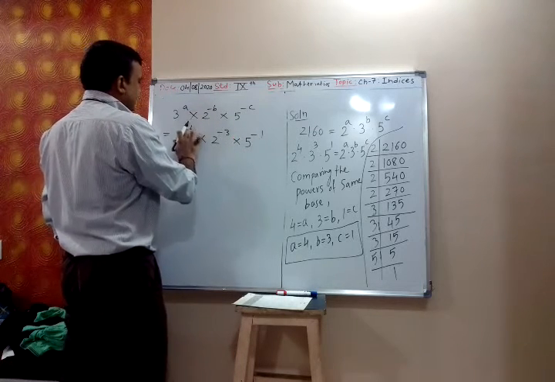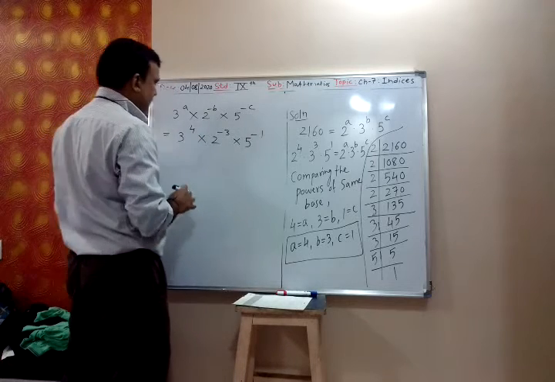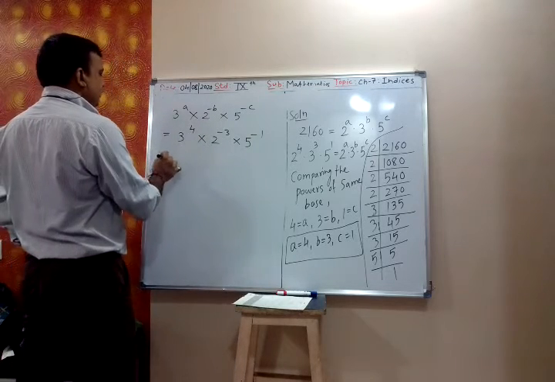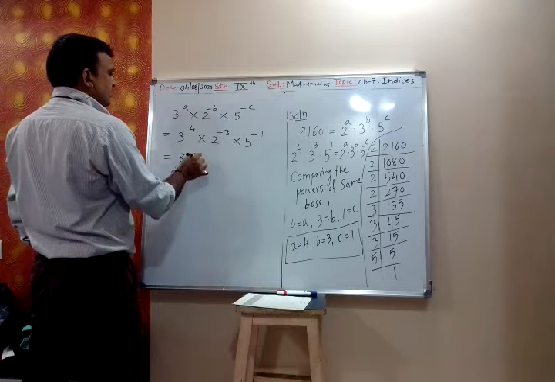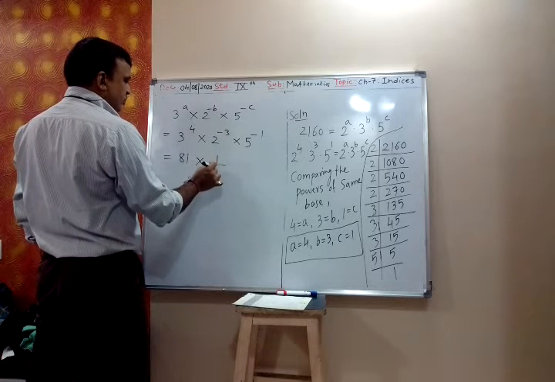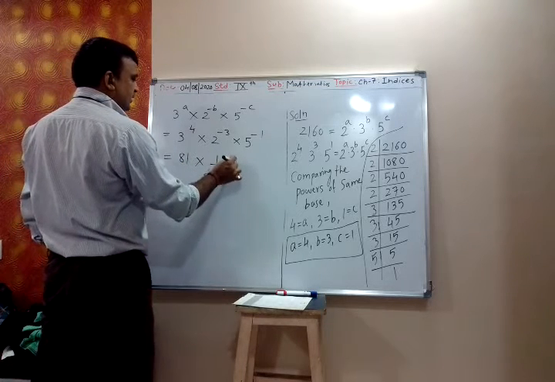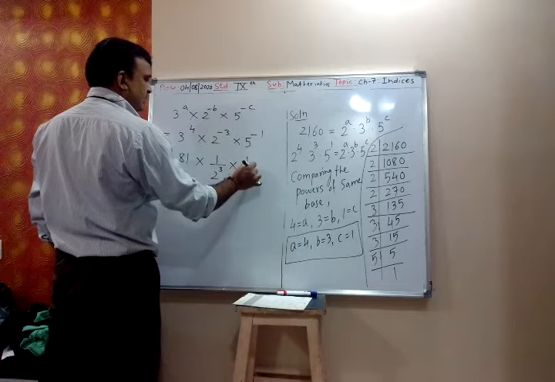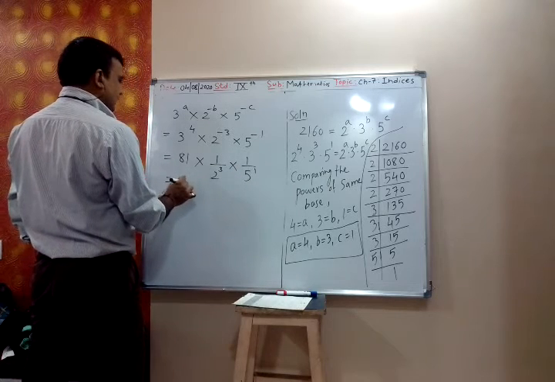Correct. So 3 raised to 4 is 81. 1 upon 2 raised to 3, into 1 upon 5 raised to 1.